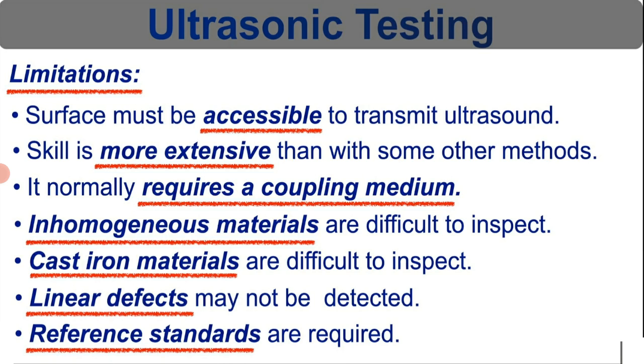Third, it normally requires a coupling medium. Fourth, inhomogeneous materials are difficult to inspect. Next, cast iron materials are difficult to inspect. Next, linear defects may not be detected and reference standards are required.